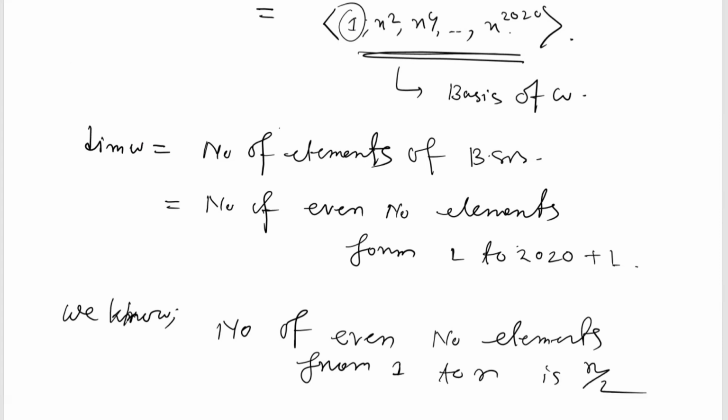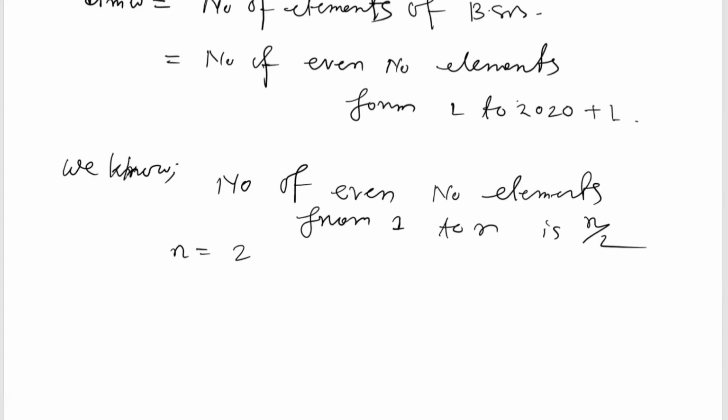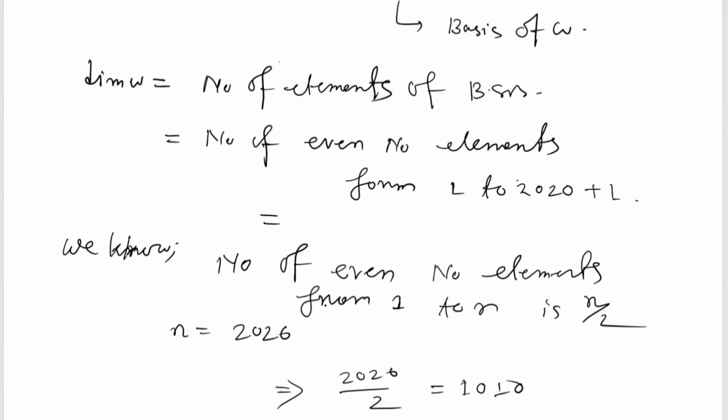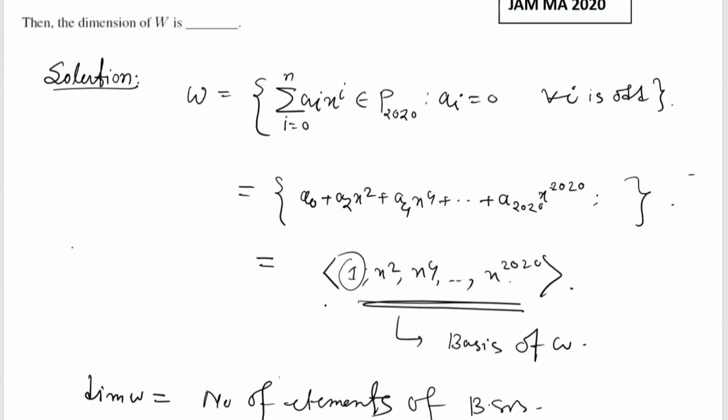Here n equals 2020. This implies 2020 by 2, that is equal to 1010. So the dimension of W equals 1010 plus 1, that is equal to 1011.